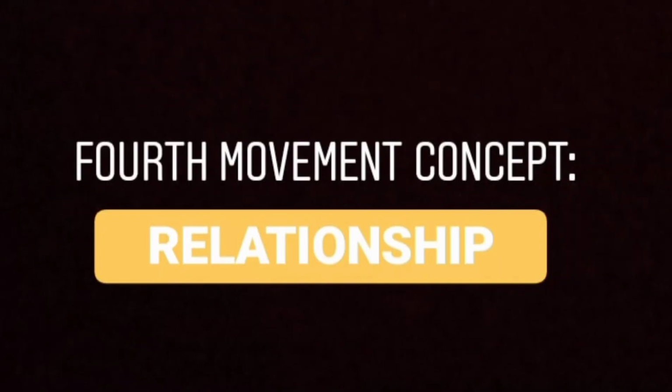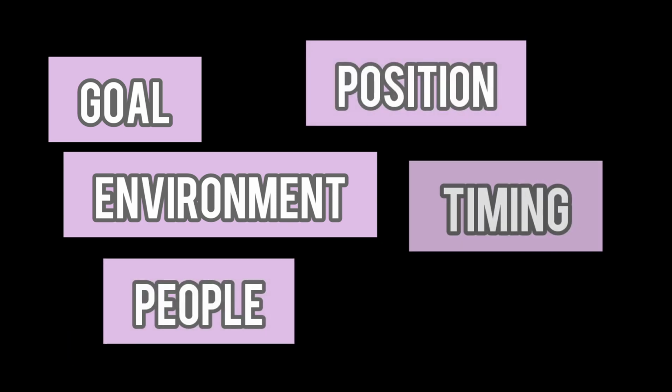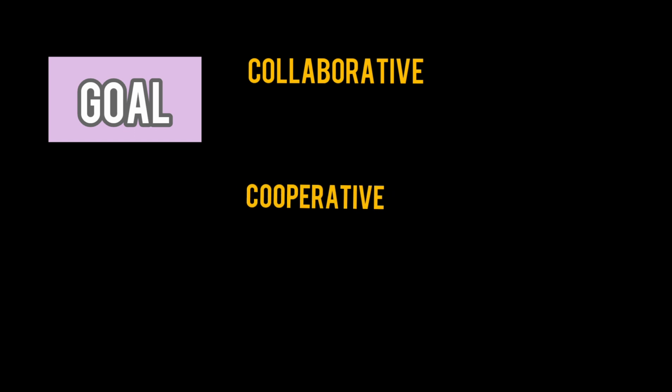The fourth movement concept is relationship. Relationship has 5 categories, which are goal, environment, people, position, and timing. Goal can be collaborative, cooperative, and competitive.